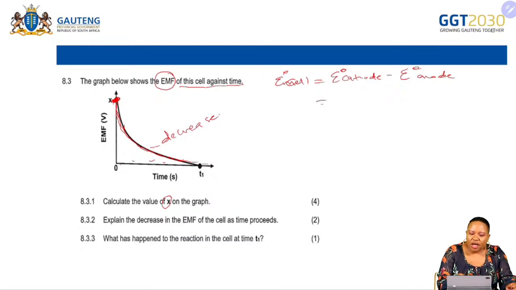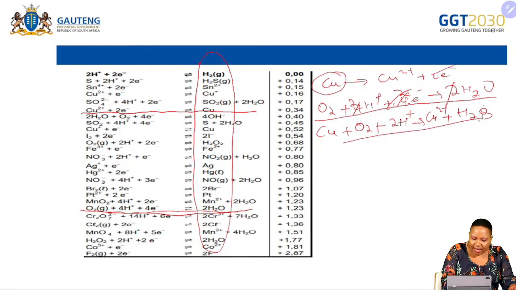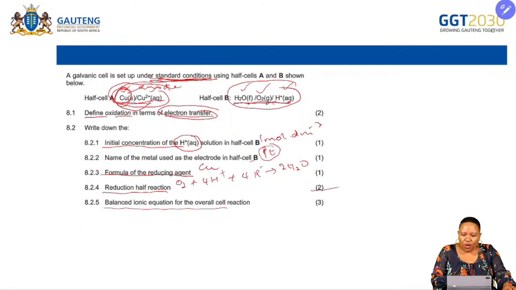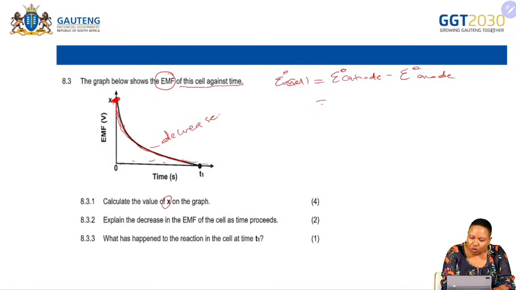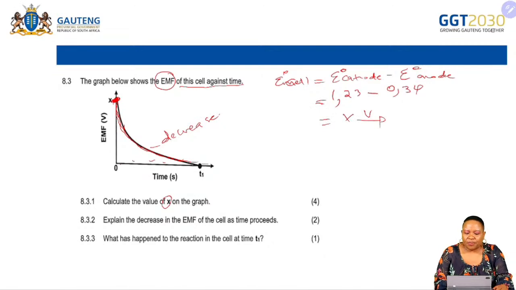If you look at the half cell with the water, it has 1,23, and the copper has 0,34. So to calculate the EMF, it's going to be 1,23 subtract 0,34, and we are going to get the value of our EMF.